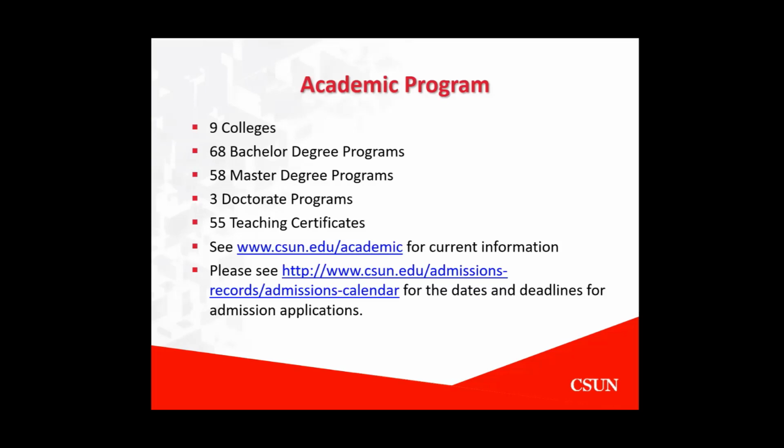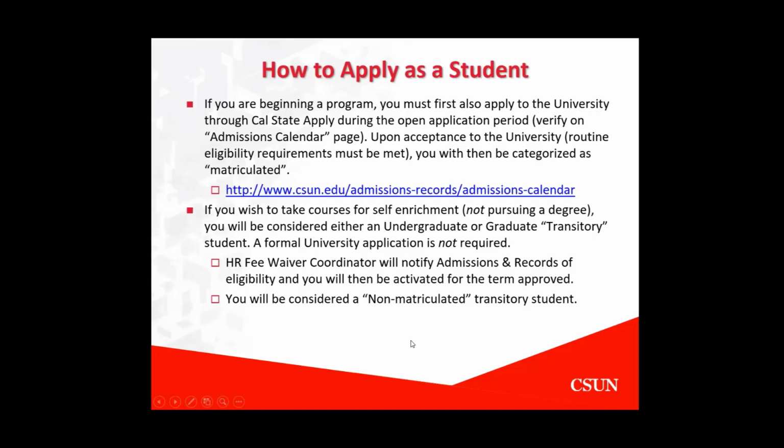How to apply as a student goes into a little bit more detail about applying to an academic program. And we have the dates and deadlines posted on our page. If you click on the admissions link and identify what kind of student you fall into, you could see that information. Again, if you're a grad student or credential, be sure you go to those program web pages too.